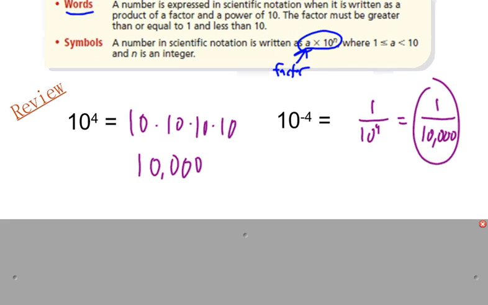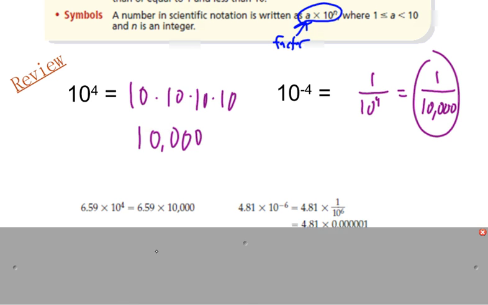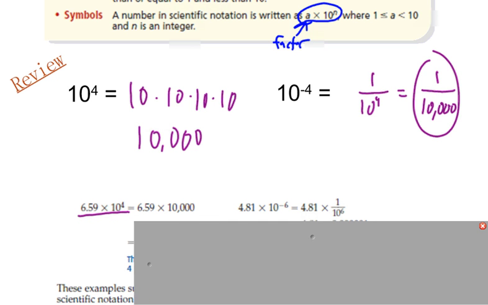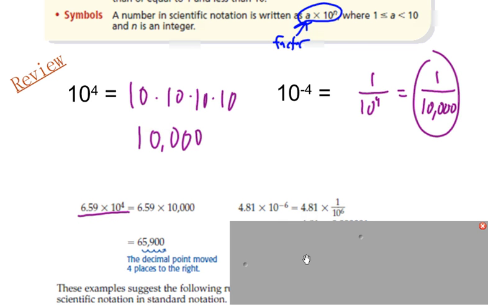Going on from there, let's take these two numbers. The first number is 6.59 times 10 to the fourth power. That's scientific notation, and it's really 6.59 times 10,000, or you can take the decimal and move it over 4 times, and you get 65,900.